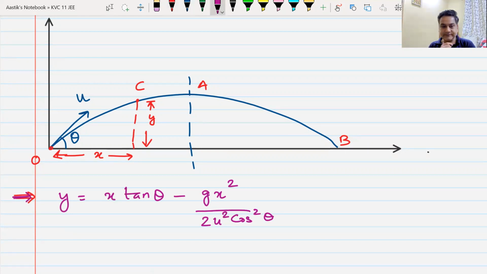Do we remember this? This is the equation of trajectory of this particle. Note it down and remember it. We will write this equation in different ways. The first way is this one.